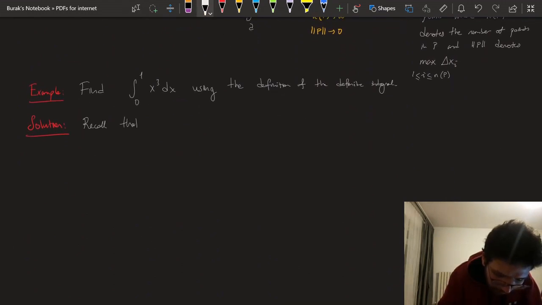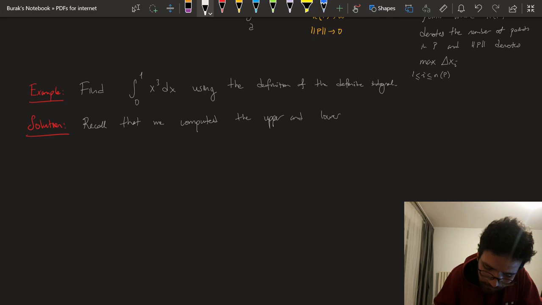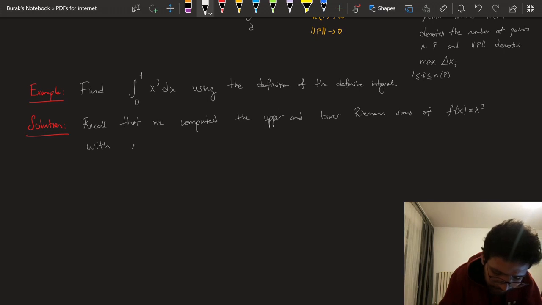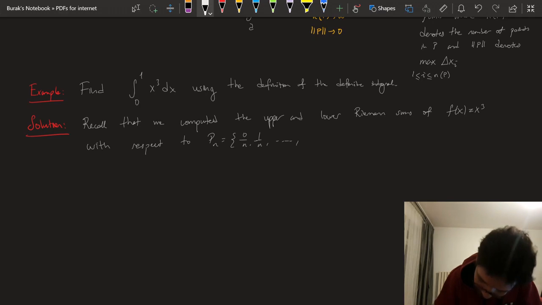Recall that we computed the upper and lower Riemann sums of f of x equals x cubed with respect to the partition Pn, which is this n over n before.